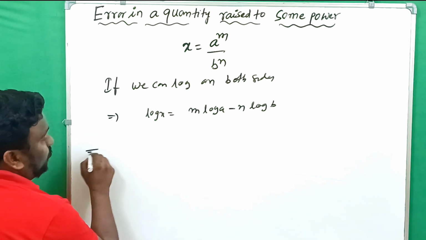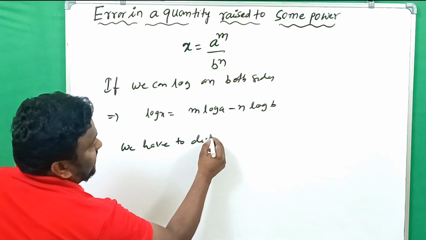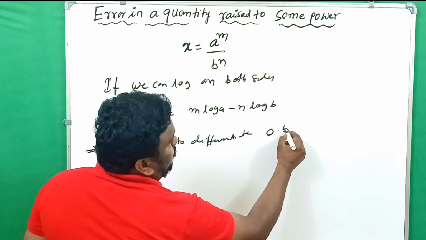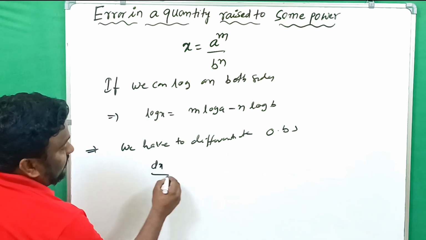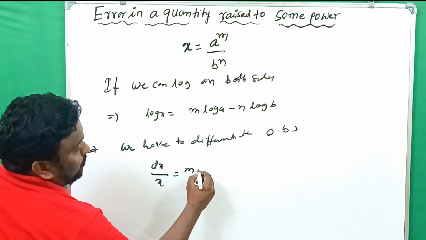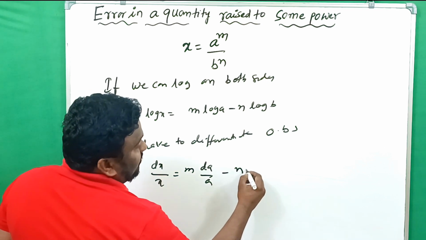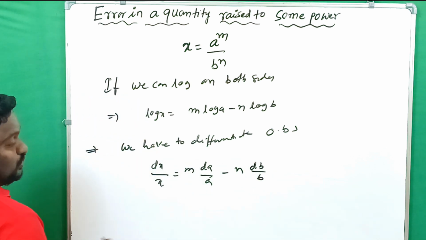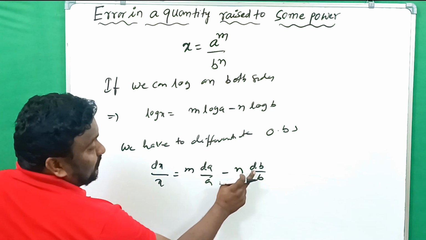And after that we have to differentiate on both sides. Then we get dx by x is equal to m into da by a minus n into db by b.